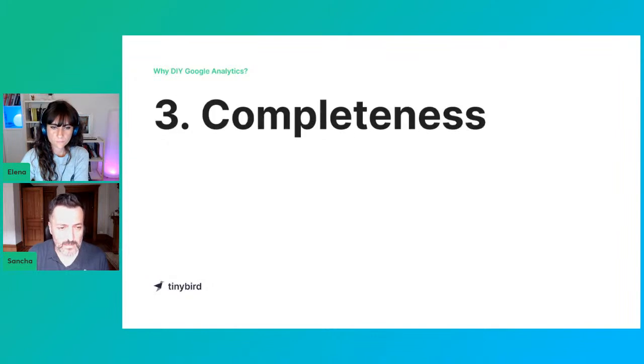And the problem with what you see in Google Analytics is that you're not seeing the complete picture, mainly for two reasons. The first one is the user's consent, because Google Analytics uses third-party cookies.